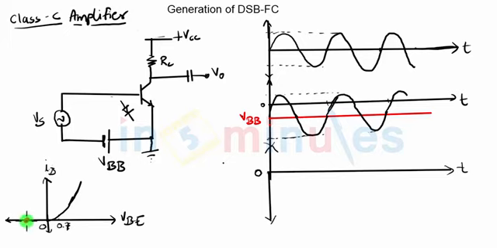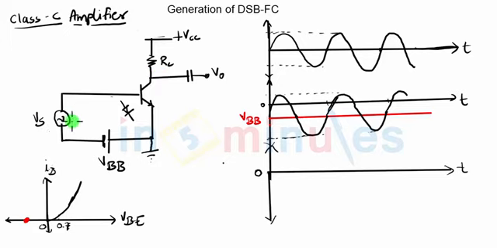So let's say this is my Q point below the cutoff. If that is the case, then base emitter is reverse biased, and if the base emitter is reverse biased, that means the transistor is in cutoff, and the output current, the IC, the collector current, will be zero, and the AC voltage across RC in that case will also be zero.